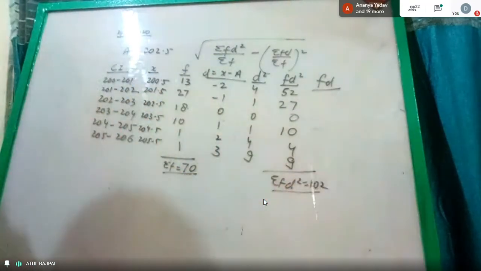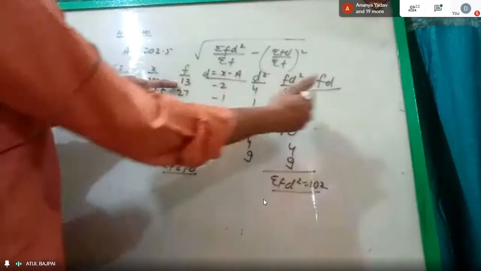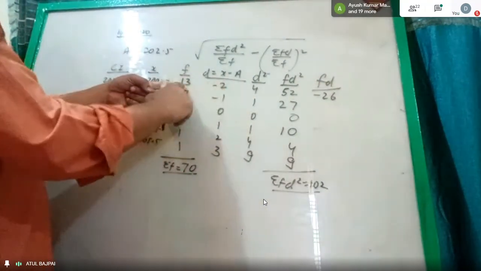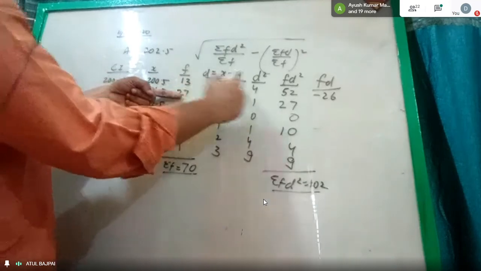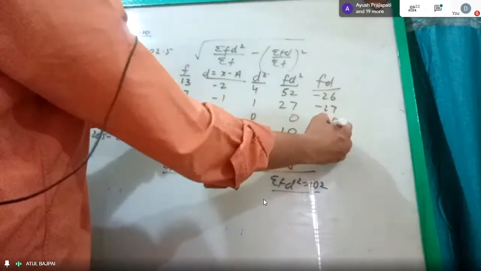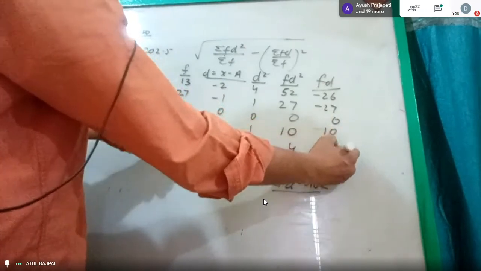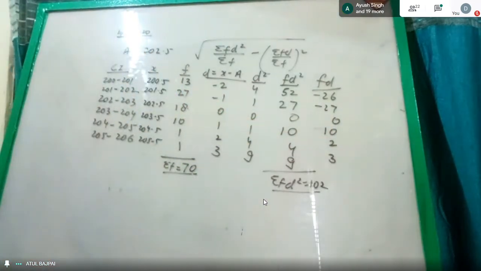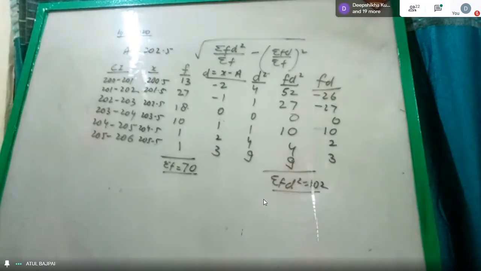Let us find FD. F into D. 13 into minus 2. How much? Minus 26. Next one: minus 27, then 0, then 10, then 2, then 3.